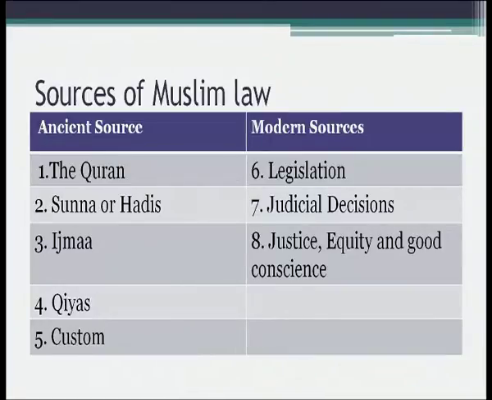Whatever has been said by the Prophet Muhammad is considered to be the basic principles governing the Muslims. Then the next category is the Sunnat or Hadith. All the Sunnats, that is the practices followed by the Prophet Muhammad Sahab, are considered to be another important source of Muslim law. Now, the third category is the Ijma.